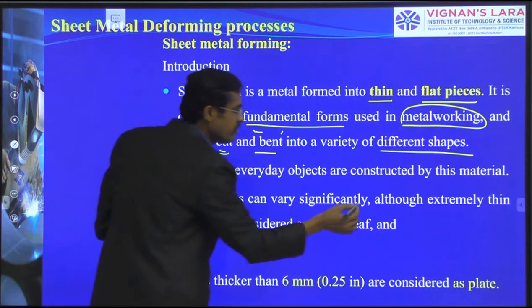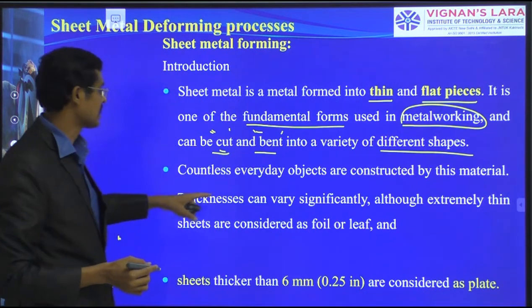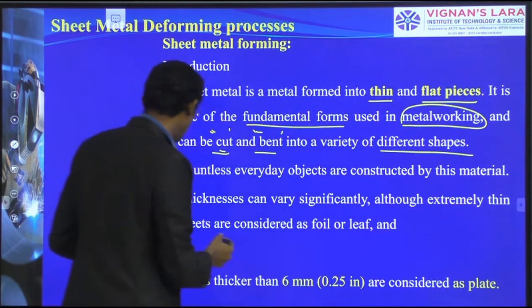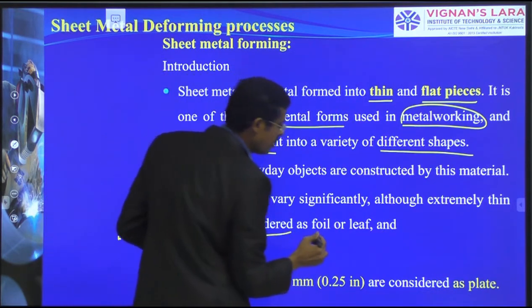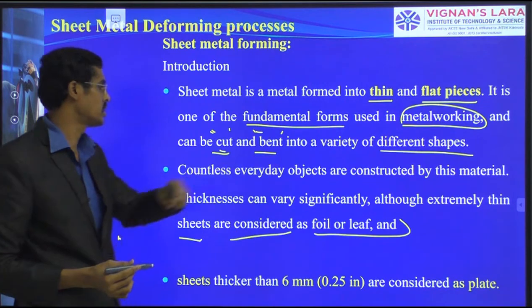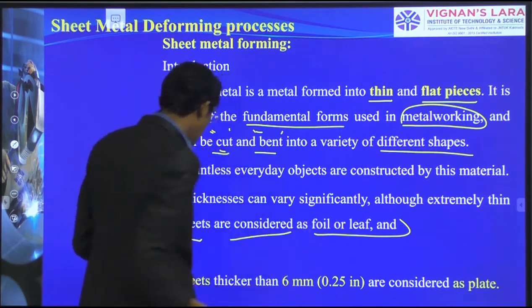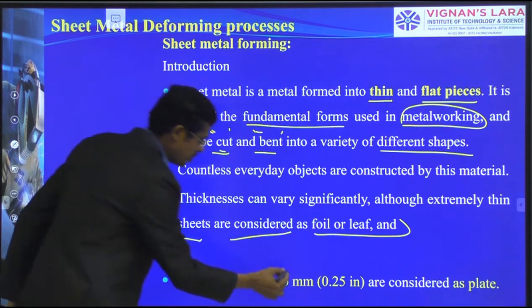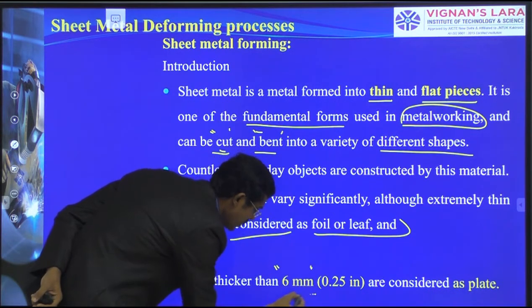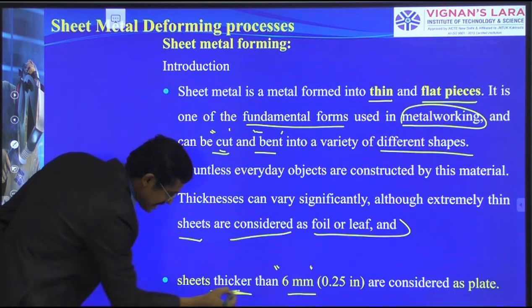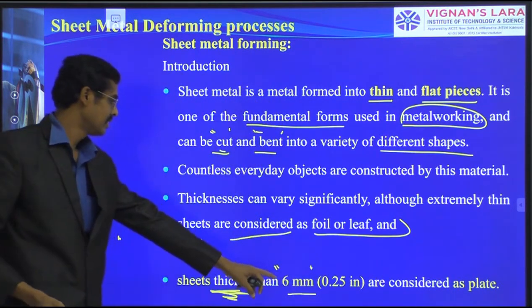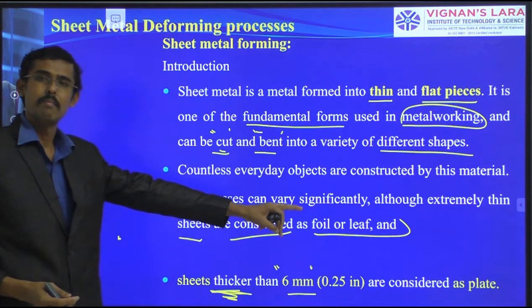Thickness can vary significantly, although extremely thin sheets are considered as foil and leaves. Now, what I am telling here about sheet thickness, you see, this is important. Sheet metal with thickness less than 6 mm is considered a sheet.